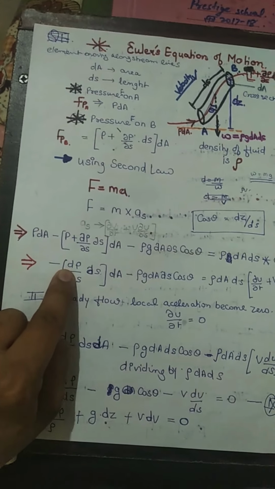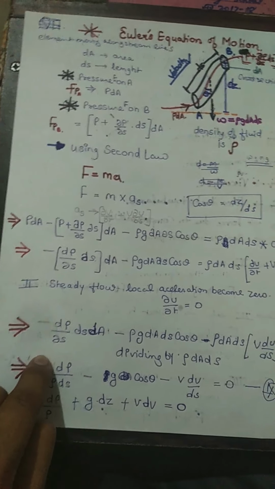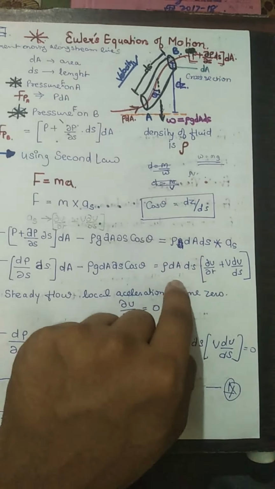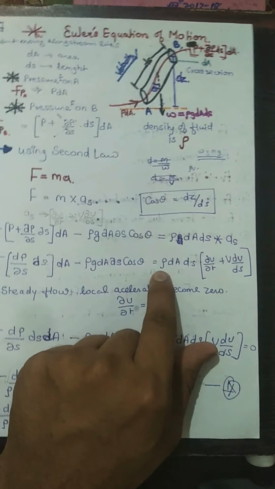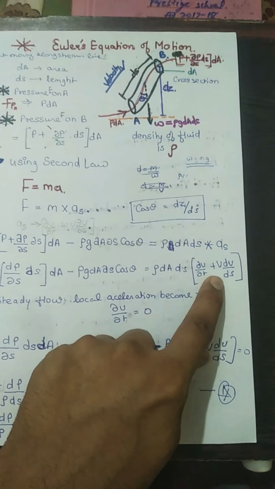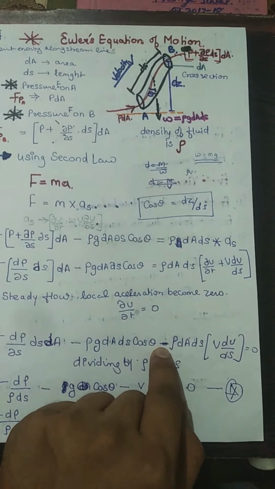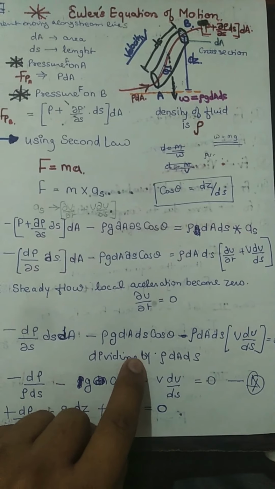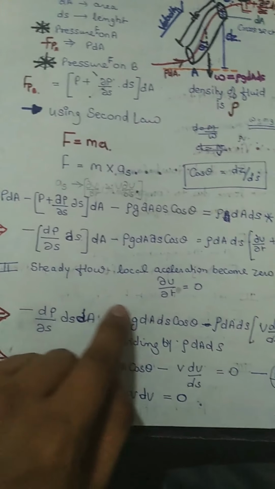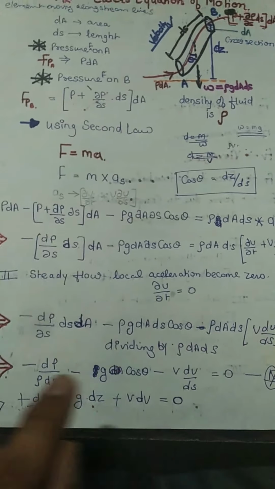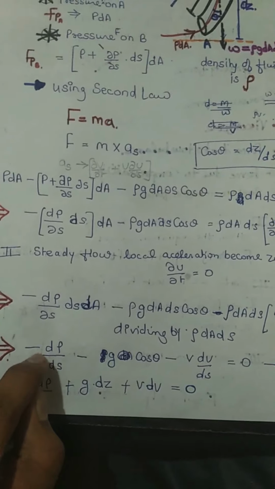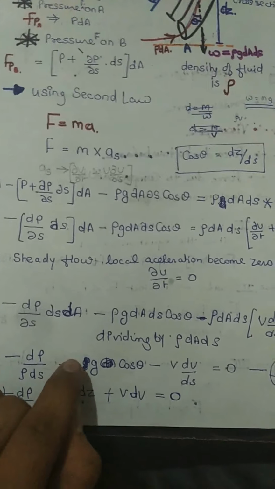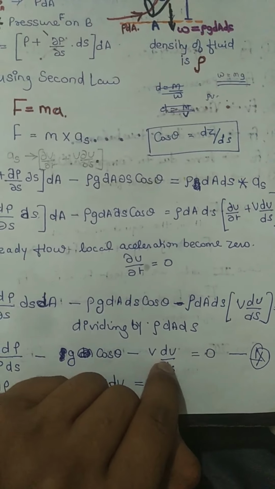Again I have written like this here only, same as it is, and the leftover part I have taken on the minus side and equals 0. Now dividing this full term by rho dA ds, what is left now: minus del p by rho ds minus g cos theta minus v dv by ds equals 0.